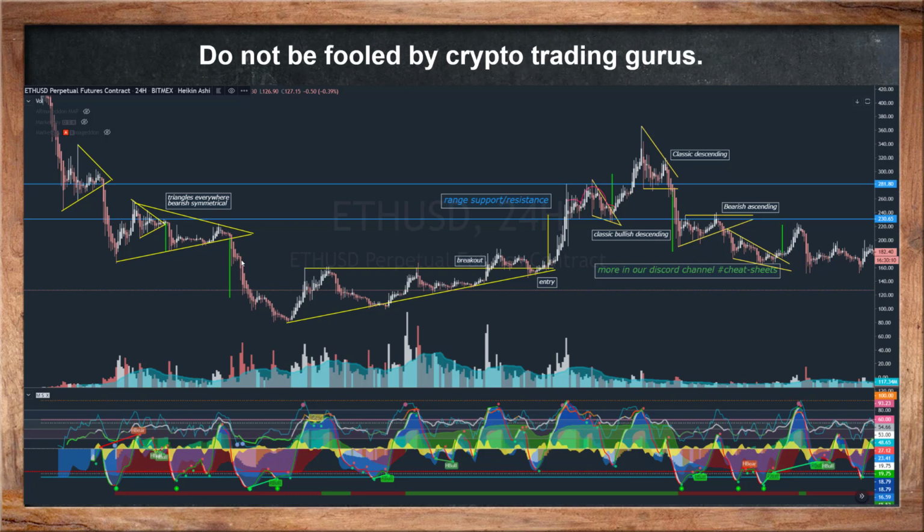Only when I describe something in our Discord channel will I mention ascending, descending, or symmetrical, so you can simply picture what it is that I'm referring to over here. Sorry about that. Okay, but all in all, they're just triangles. That's all we need to know.